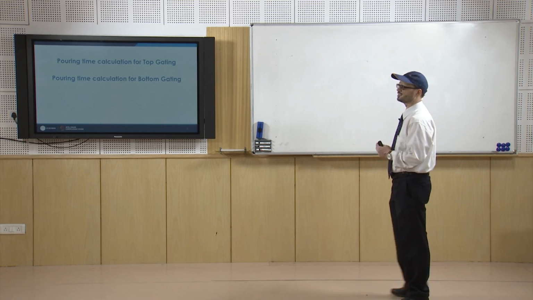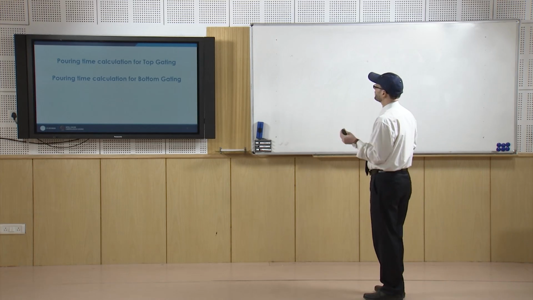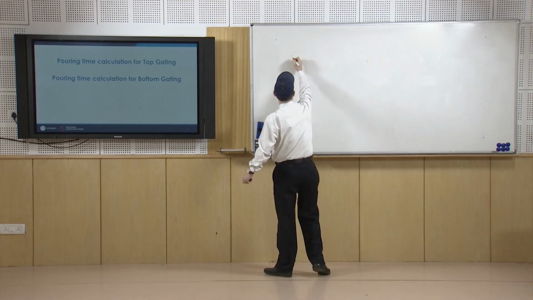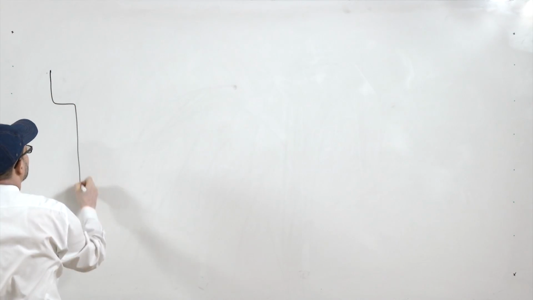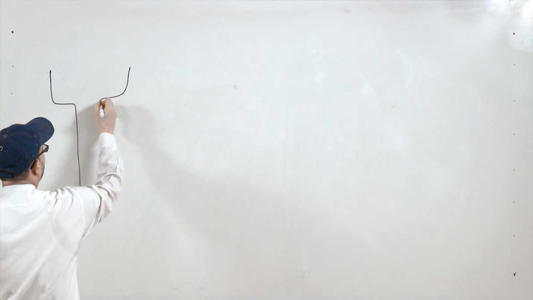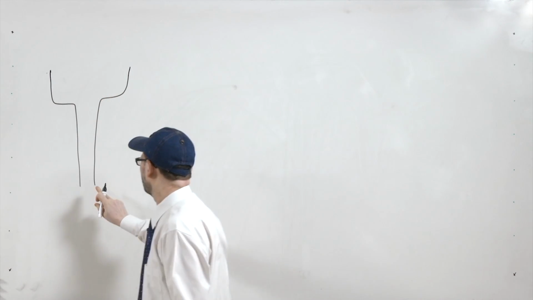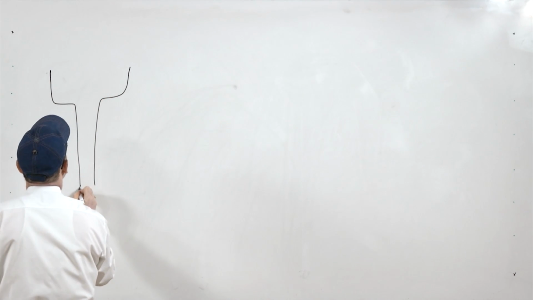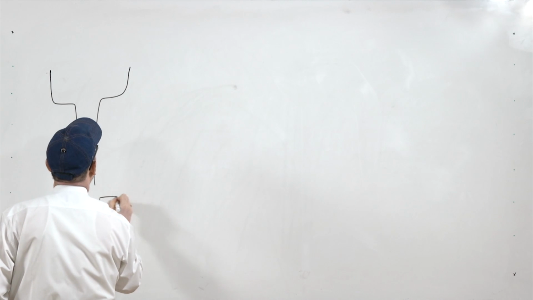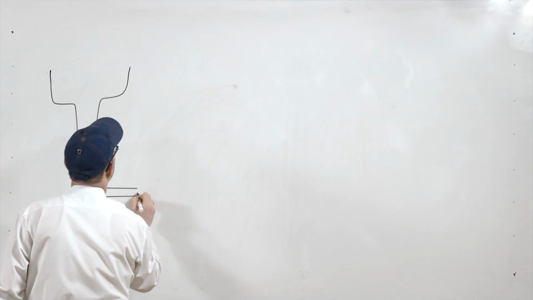Now, we will discuss the bottom gating. In the case of bottom gating, what we see is your metal will enter from the bottom. It goes like this.